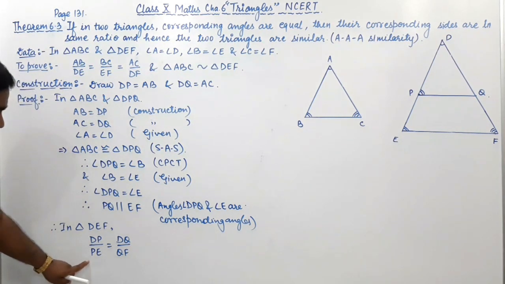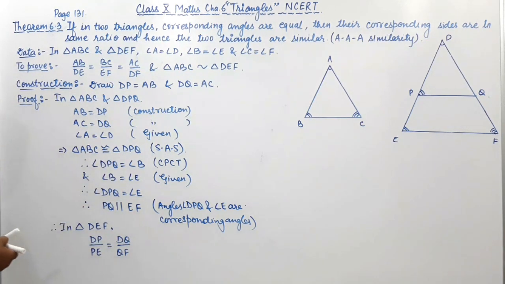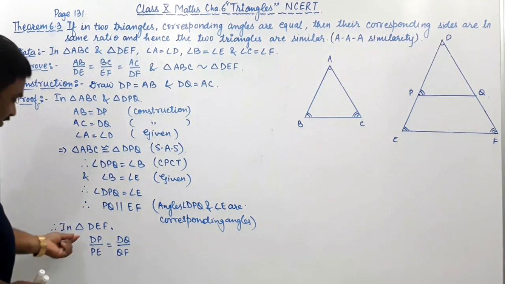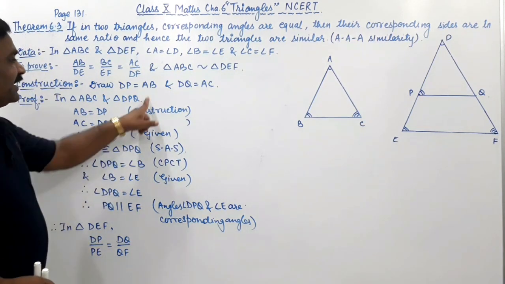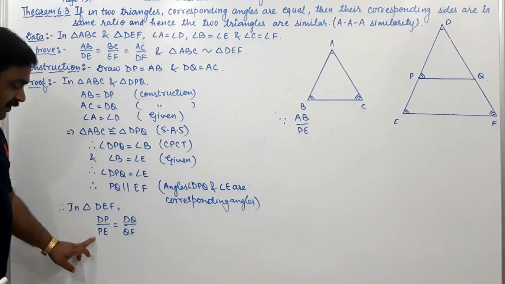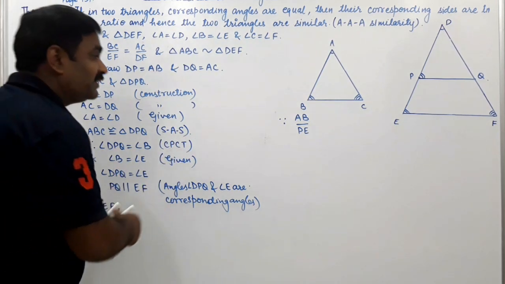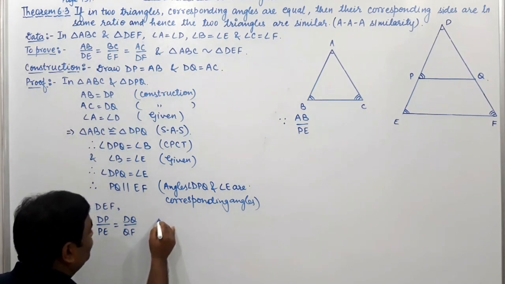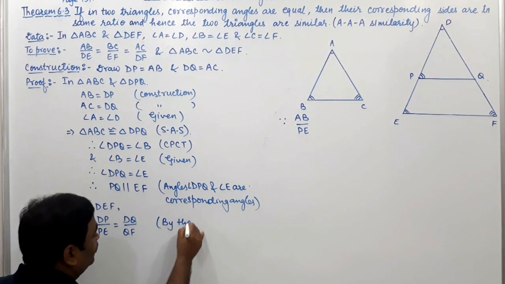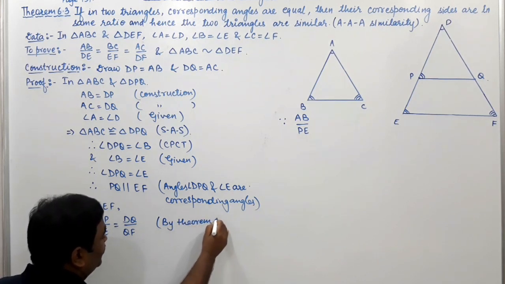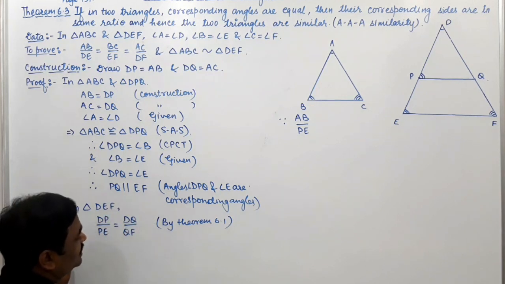DP upon PE is equal to DQ upon QF. Now you know that DP is equal to AB, so in place of DP we can write AB. Why? Because of theorem 6.1, as this line was parallel to this edge.